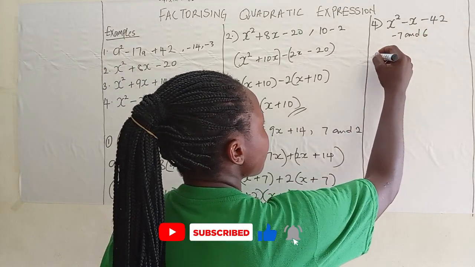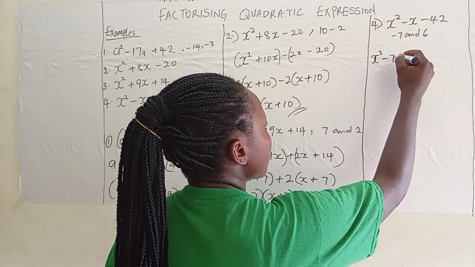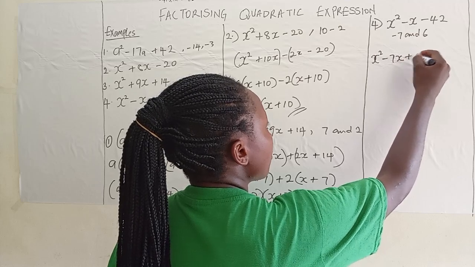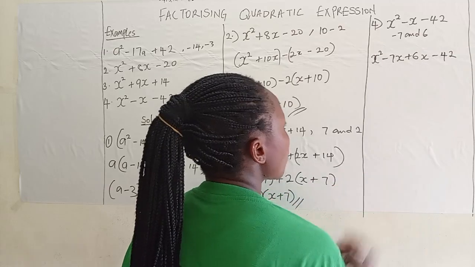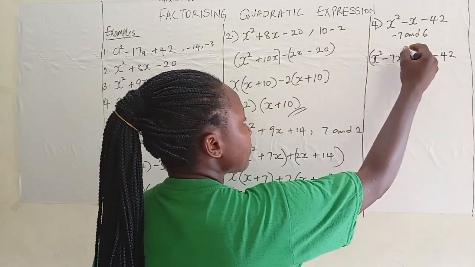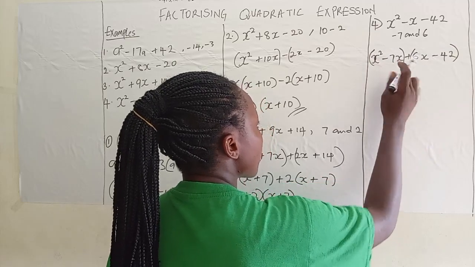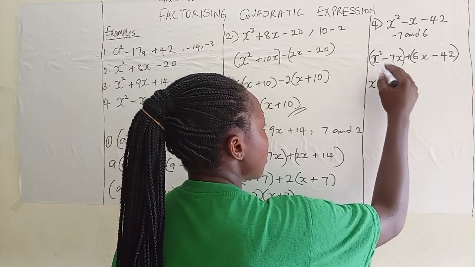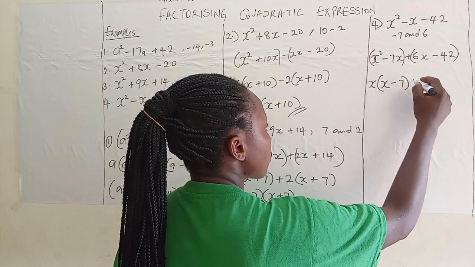So let's go again. x squared minus 7x plus 6x minus 42. Group them. The common factor here is x. We have x remaining here, minus 7.